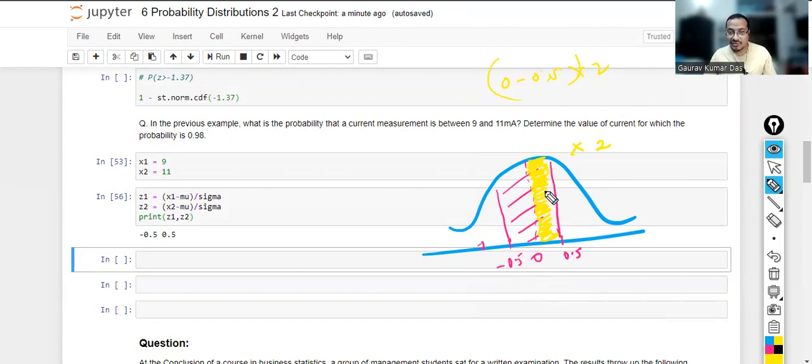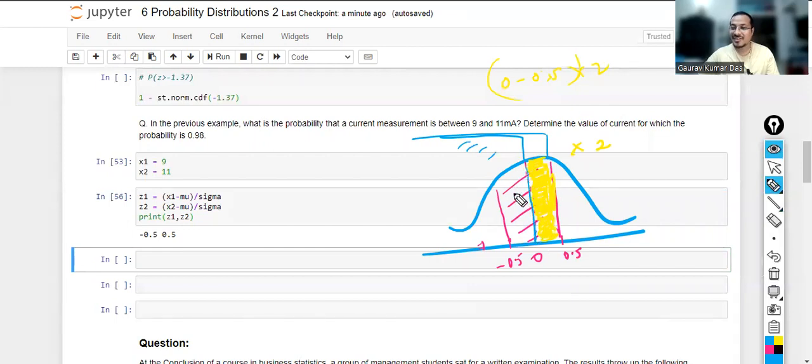Now, if I want to find out this particular probability, how will I do it? Very simple. I'll simply write here, which means that for this, I need this particular area of probability minus this area of probability.